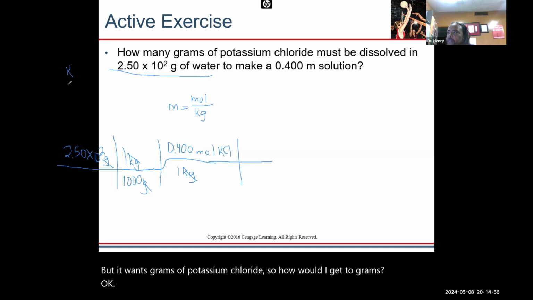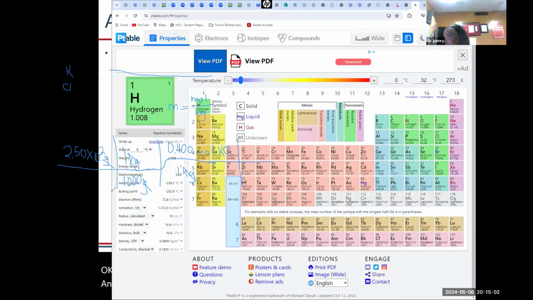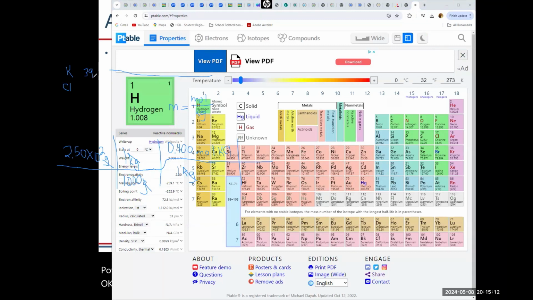Okay, so we have K and Cl, so let's go look at the weight. Potassium is 39.098. They just need one of each, looking at the charges. Yep. All right.